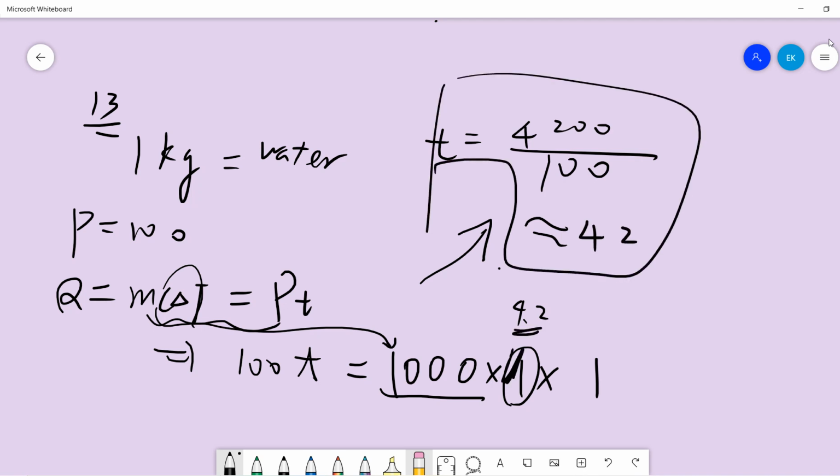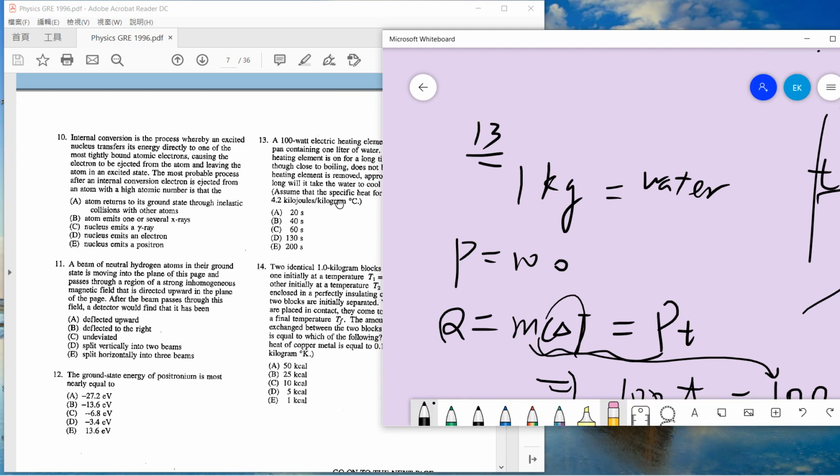Sorry, this is not 1, this is 4.2, because I need to change kg into kilo, 4 kilojoules. So the answer is close to B.